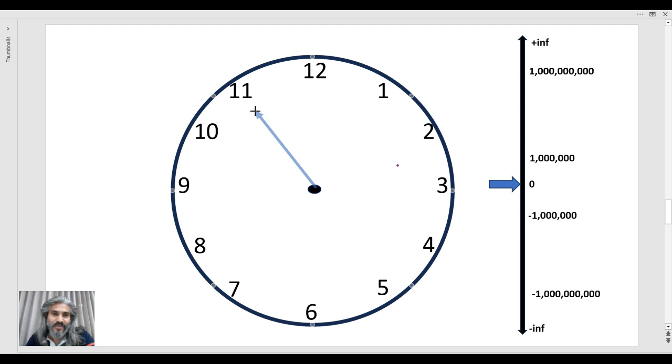I would have to go anti-clockwise, 1 unit, 2 units, and 3 units, and I end up at 8. However, since we are wrapping around, I could also go 12 minus 3 units in the forward direction. Let's see if that is correct, which is 9. So 1, 2, 3, 4, 5, 6, 7, 8, 9.